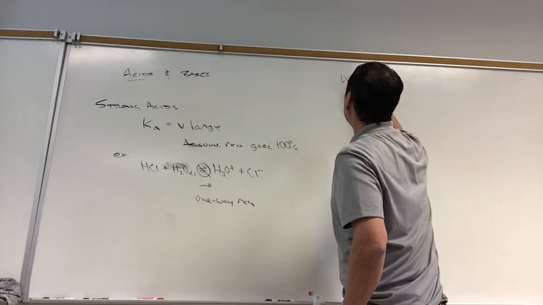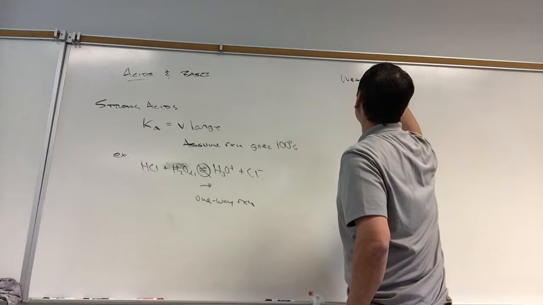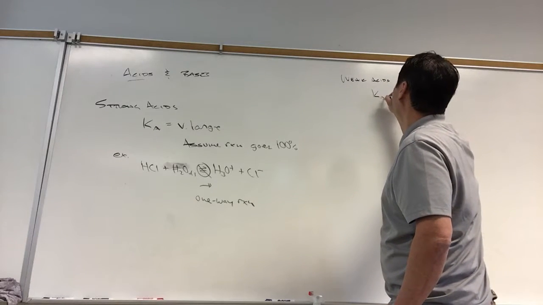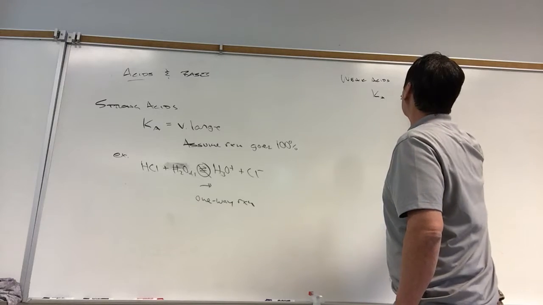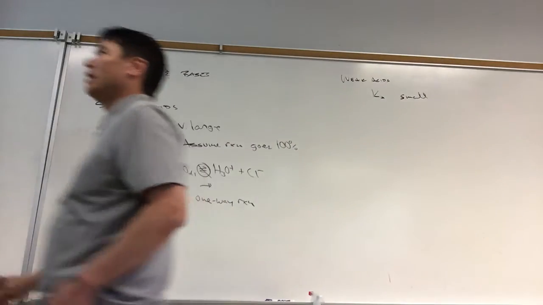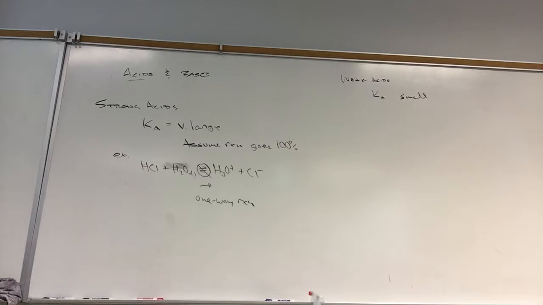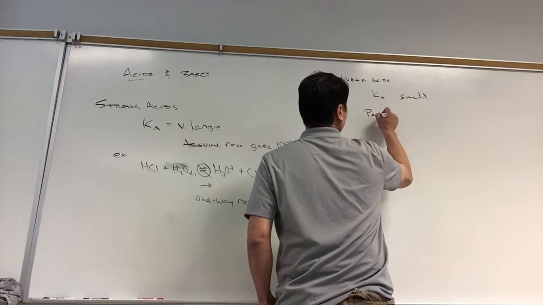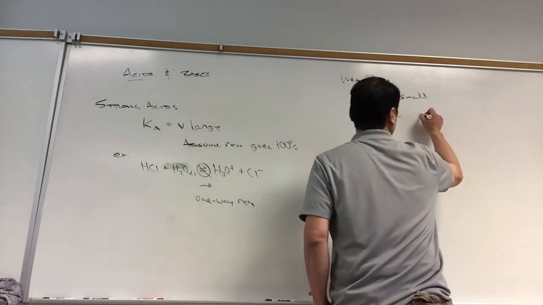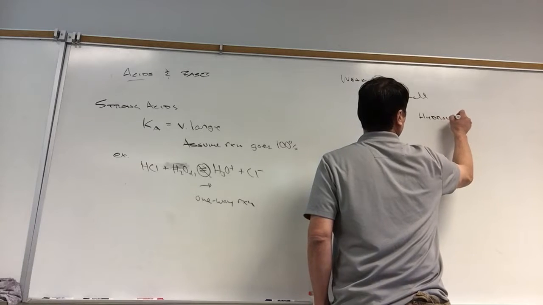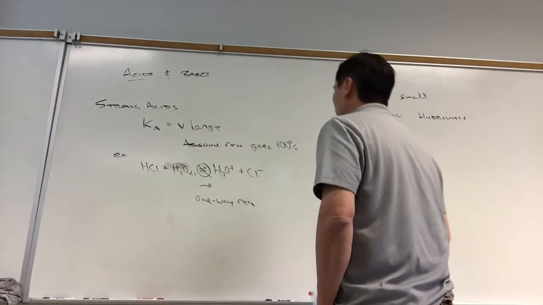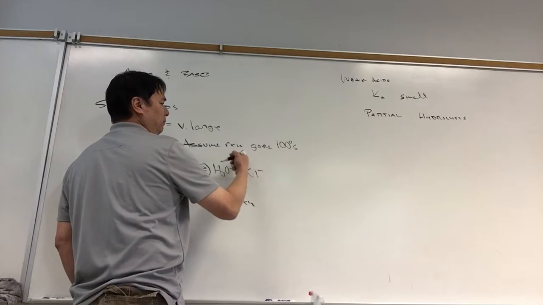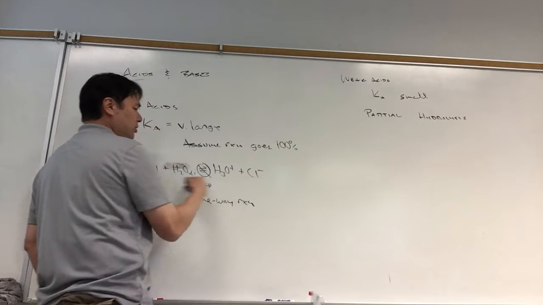For weak acids, we have Kas that are small. And what this means is that we're going to have partial hydrolysis. And so when the reaction goes 100%, we can say that this is the percent ionization here.